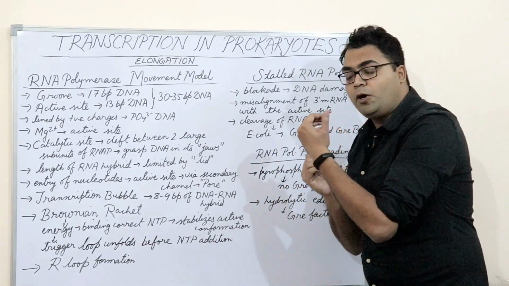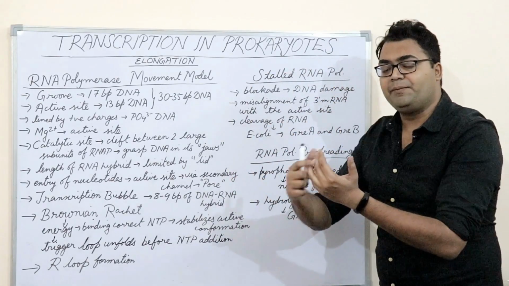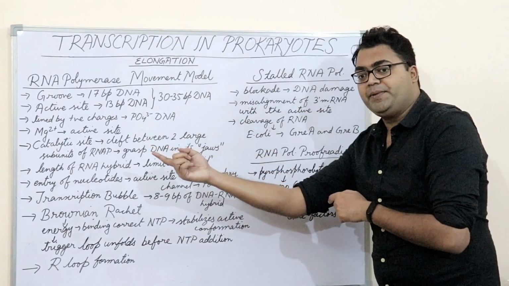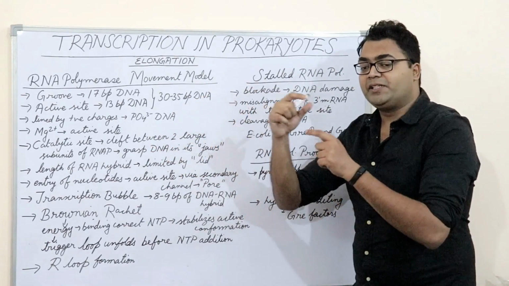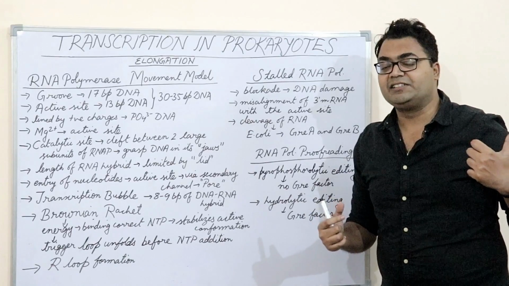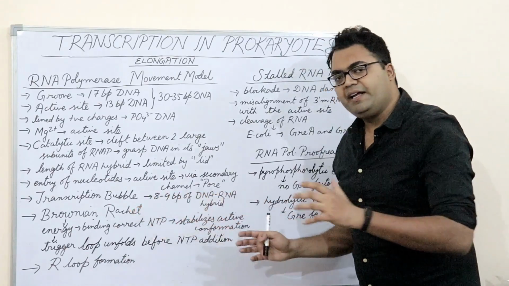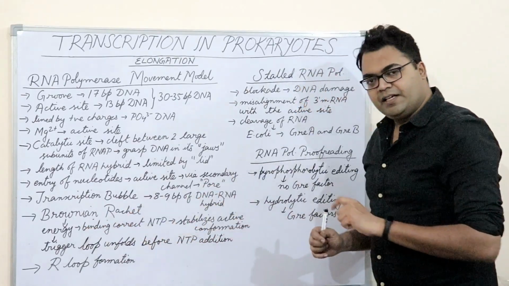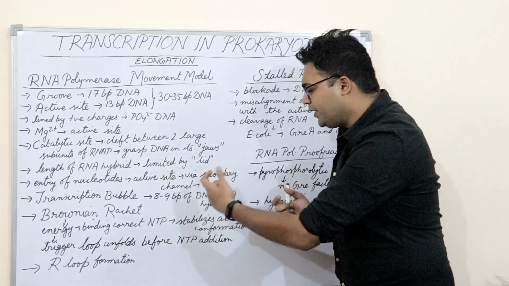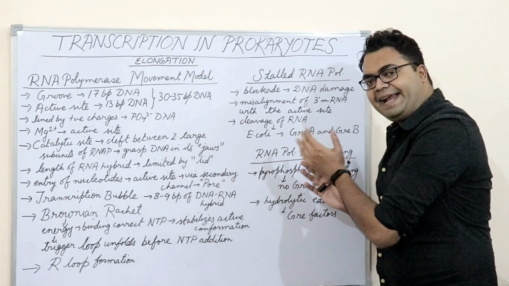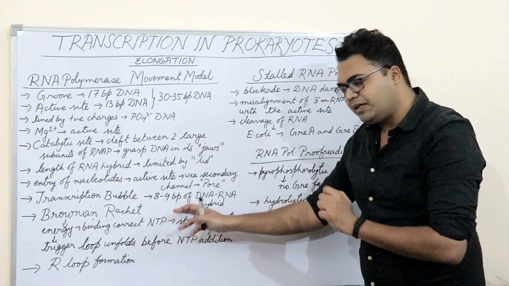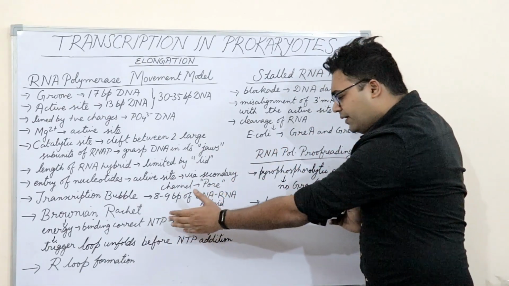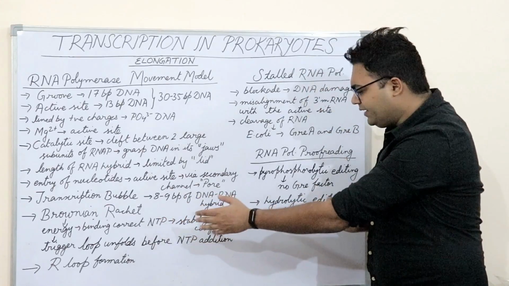It must form the associations, and then for the next cycle, meaning the next incoming NTP, it must break the previously made associations or bonds. Thereby it's known as the Brownian Ratchet mechanism, where the energy produced after the binding of the correct NTP, after the release of the phosphate groups, right?